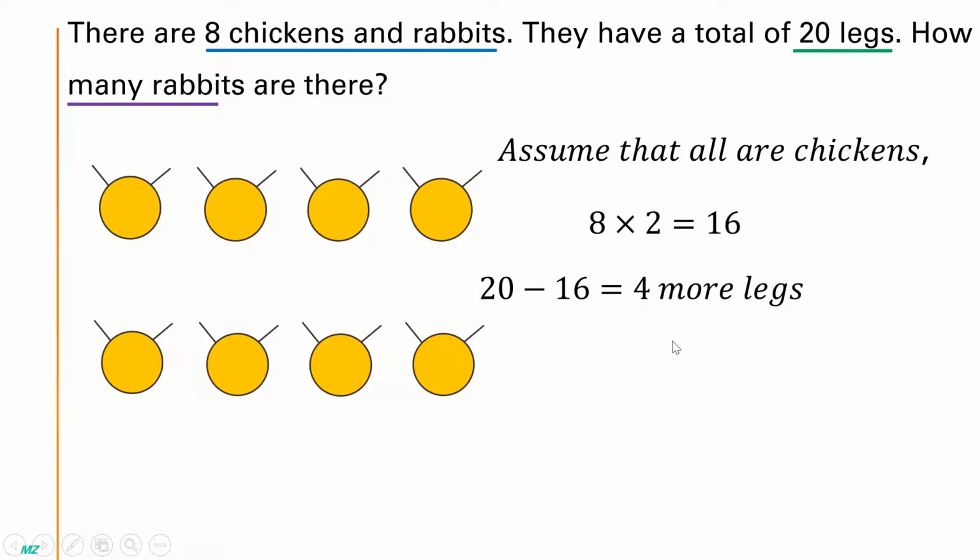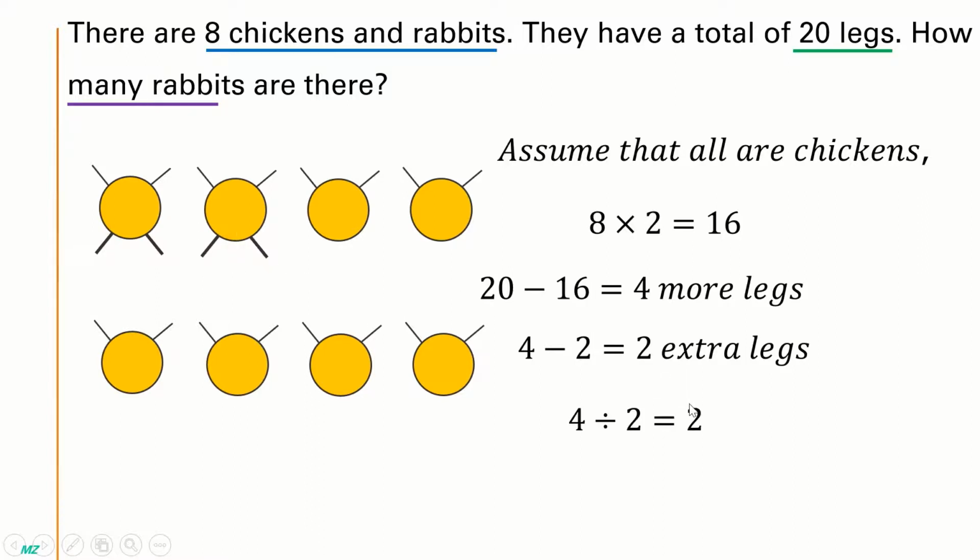And because we assume that all of them are chickens, these 4 more legs will belong to rabbits, because rabbits have an extra 2 legs as compared to chickens. Each rabbit has 2 extra legs as compared to a chicken. So we add 2 legs to this animal, we add another 2 legs to this animal.